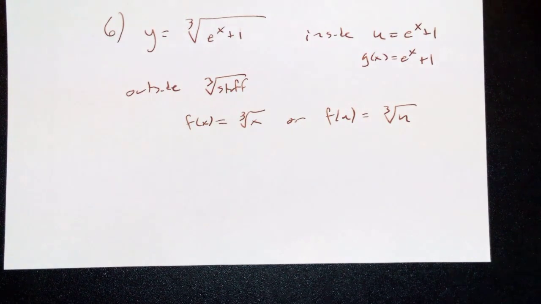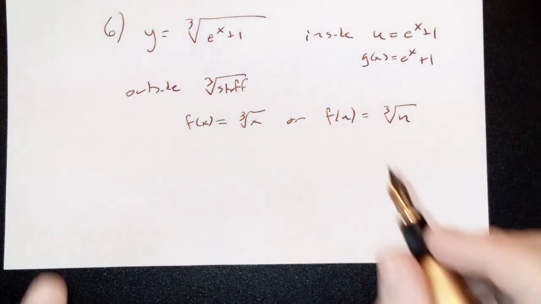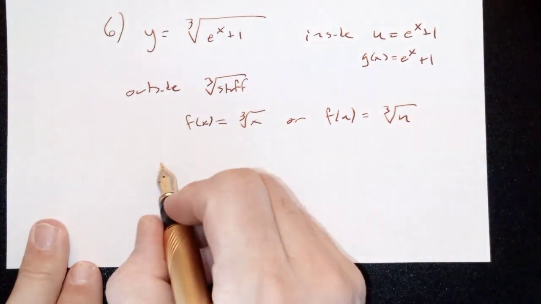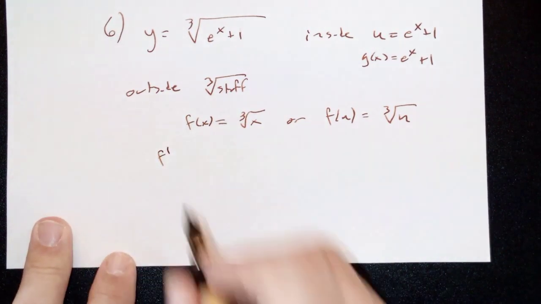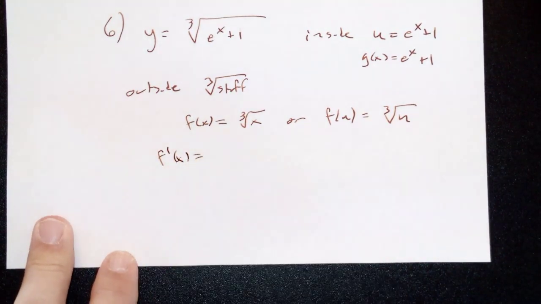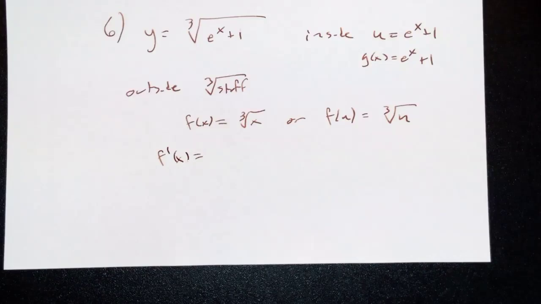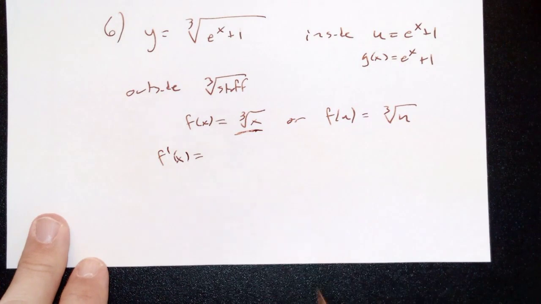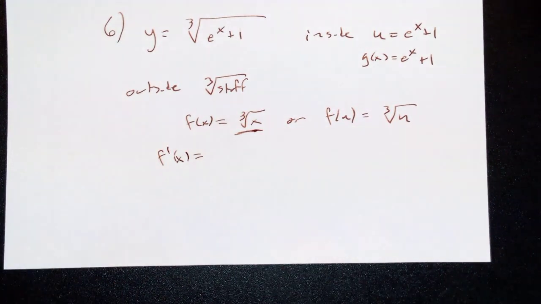So now it asks me to take the derivative, right? Yes. Derivative of the outside. What's the f prime of the cube root of stuff? Let's do it like it was just an x.